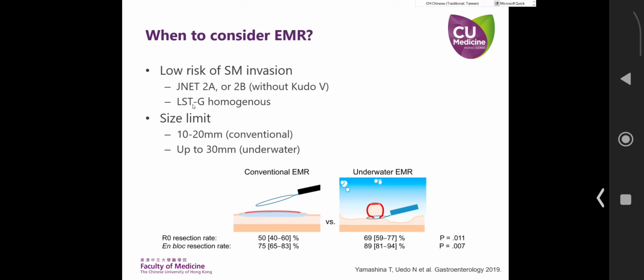And of course, for lateral spreading tumors, if you see a homogeneous granular type, this is also a very good case for EMR, even for piecemeal EMR in some. For these lesions, if we go for EMR, then we also need to determine the size limit.